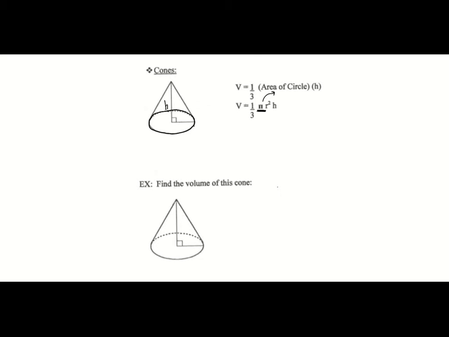So our height is going straight down the middle of our cone, and our radius is still from the center of our circle to the outside. So if we were to say that our height was 12 meters and our radius was 3 meters, our volume for this cone would be 1/3 pi 3 squared times 12.